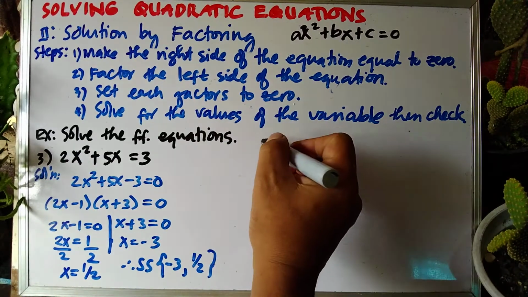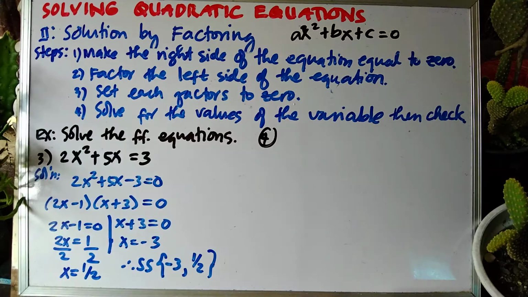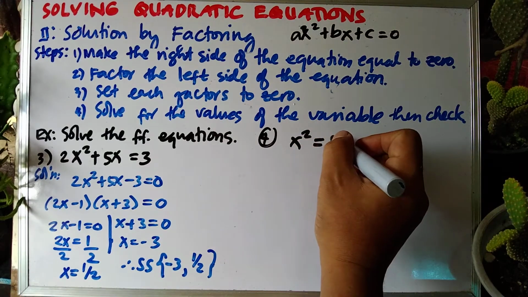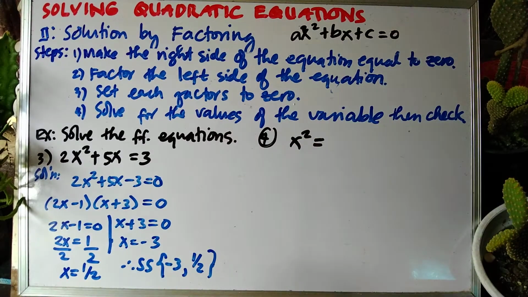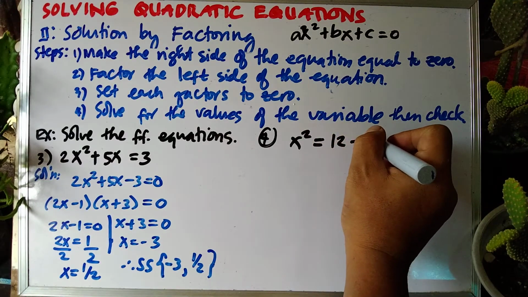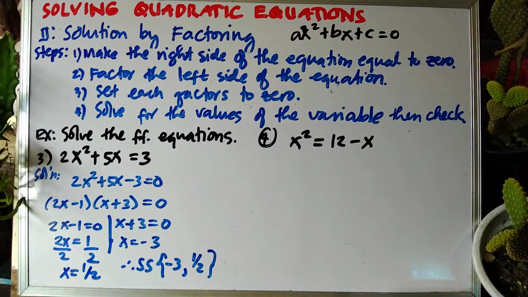Example number 4. I will choose this one. x squared is equal to 12 minus x. Okay, what will we do there?